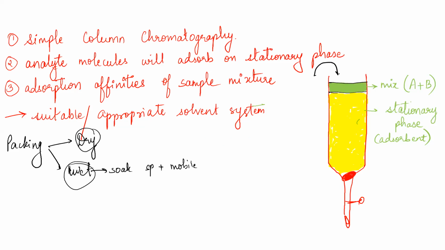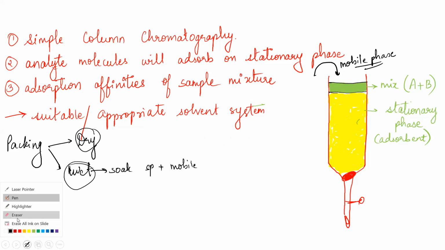Now your mobile phase will run through the column. Suppose this red part is the mobile phase. This is going to run through the column. Of course, because it's liquid, it will find gaps and it will trickle down.